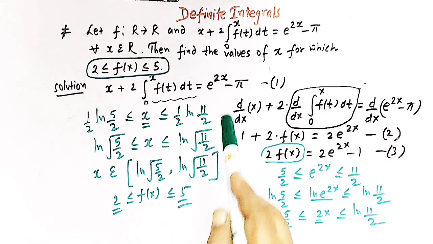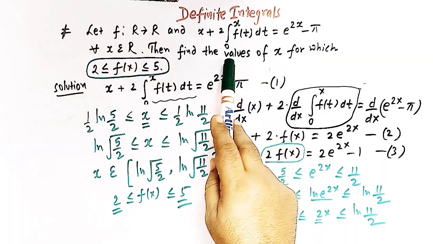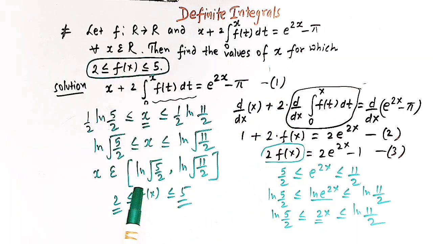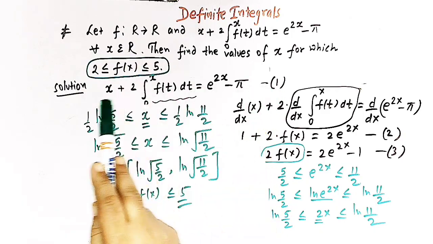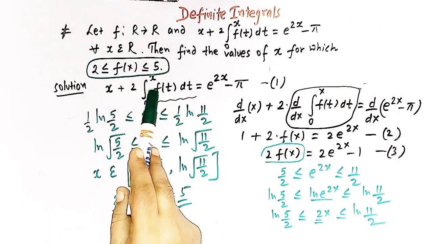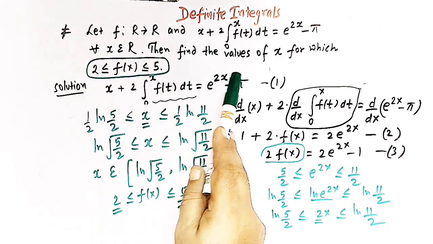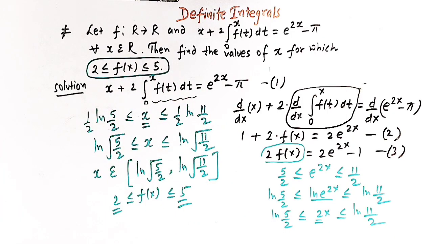So the required range of all the values of x is given by this interval, right? So viewers, this is how, by making use of the fundamental theorem of integral calculus, that is by differentiating this equation both sides with respect to x, we can find out the required values of x in this given problem.